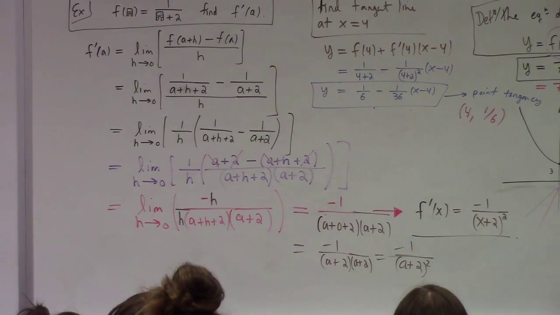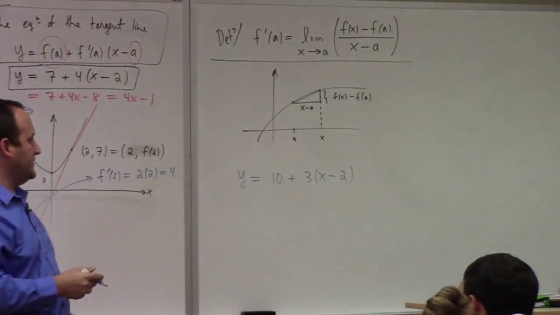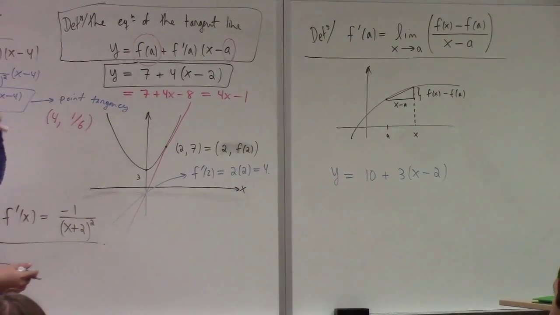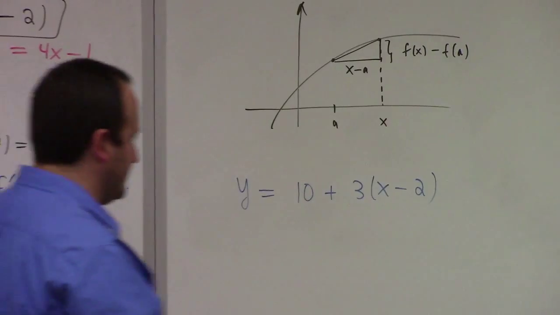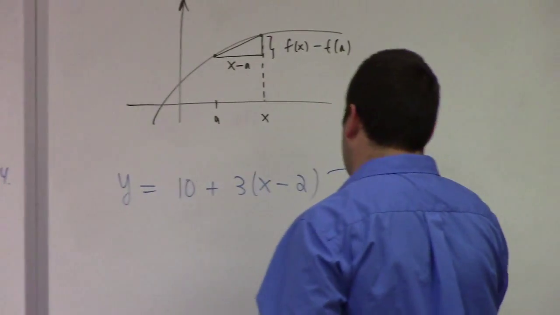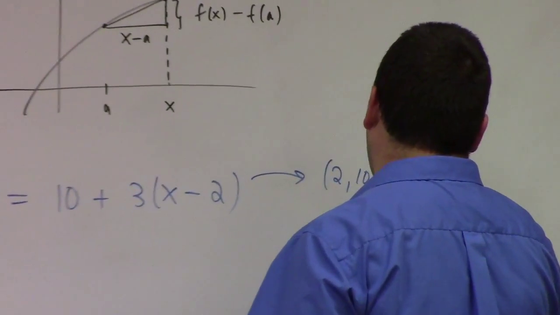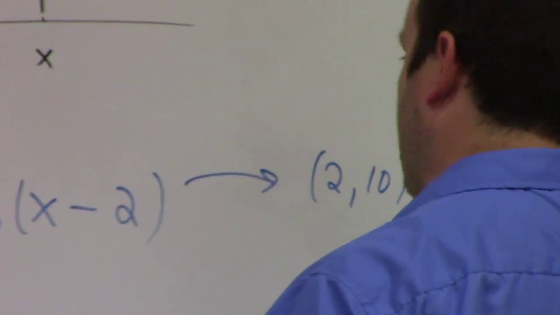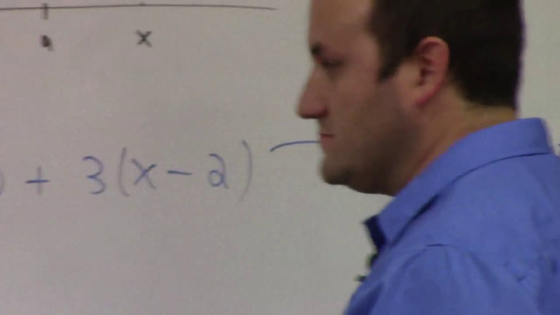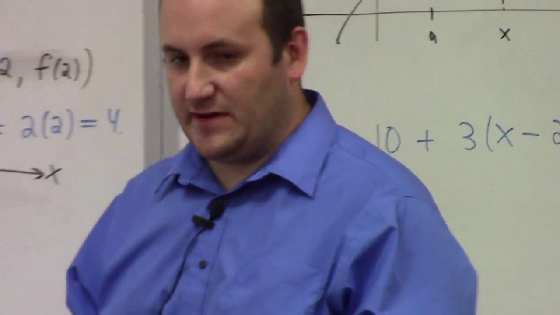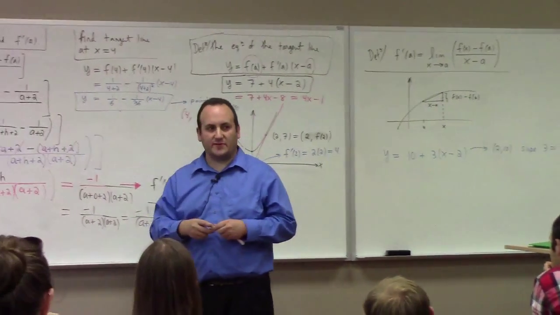Where's the point of tangency? It's at 2 comma 10, and the slope of the tangent line is 3. So that would be f prime of 2, for a function which I did not write, but anyway, I'm getting off track.